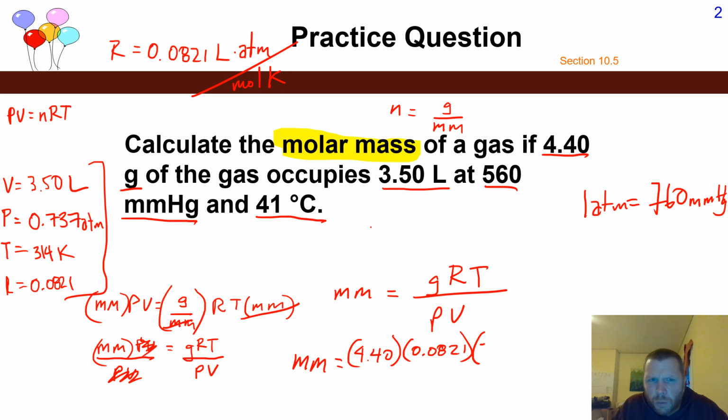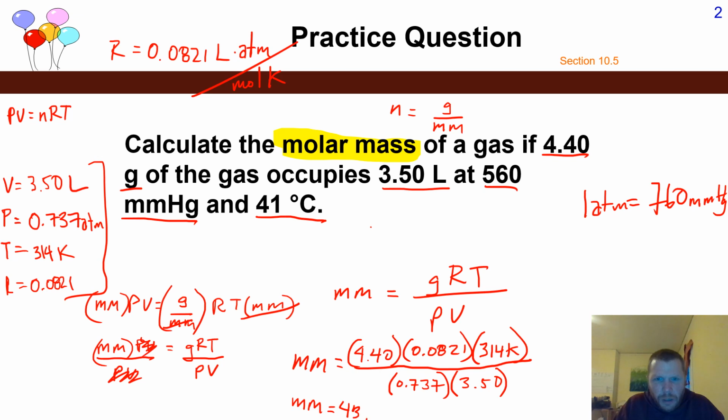My temperature is 314 Kelvin divided by my pressure, 0.737, and my volume, 3.50. Okay. And I get a gas with a molar mass equal to about 43.97 grams per mole, or about 44 grams per mole.